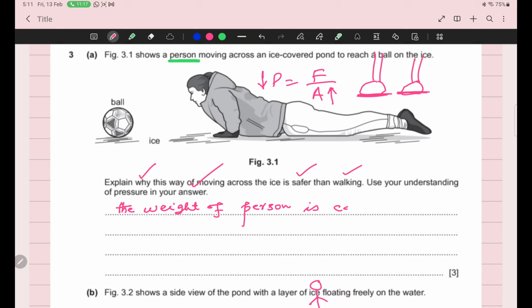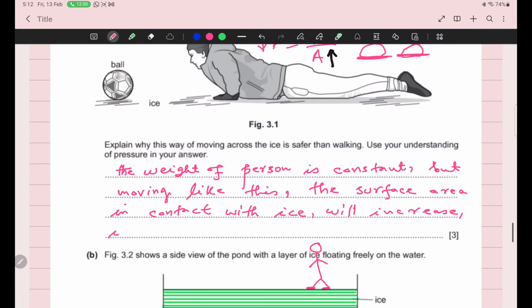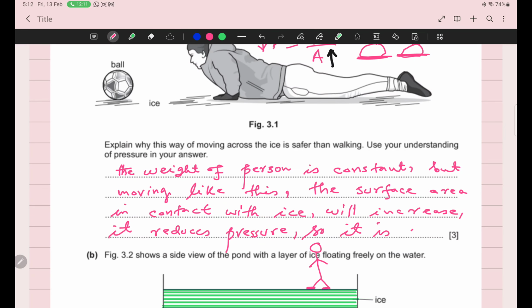The weight of the person is constant, but moving like this, the surface area in contact with the ice will increase, and when surface area increases, it reduces pressure. So it is safe.